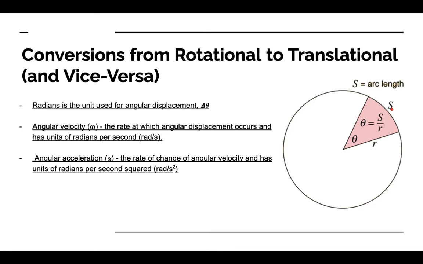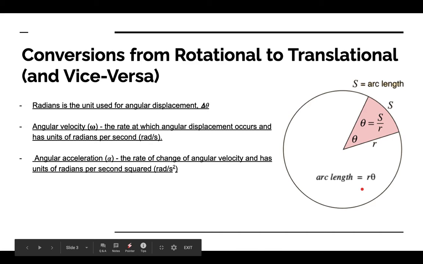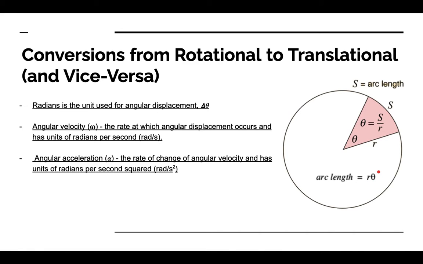So the arc length of this segment, where we have a radius of r and angle of theta, is given by r times theta. The idea being that, from geometry, for a certain segment like this, the angle theta is equal to the arc length divided by the radius. So the arc length is equal to the radius times our angular displacement, okay?